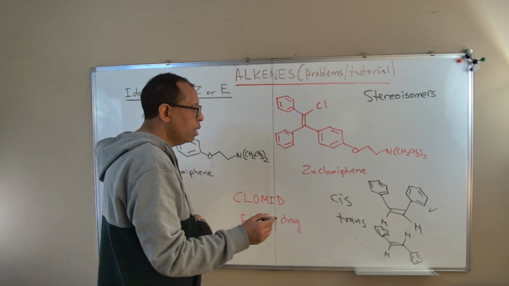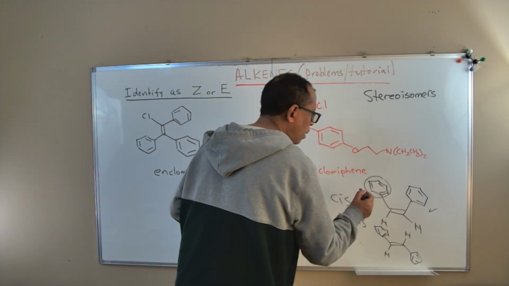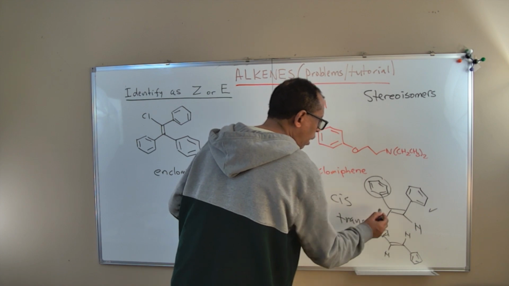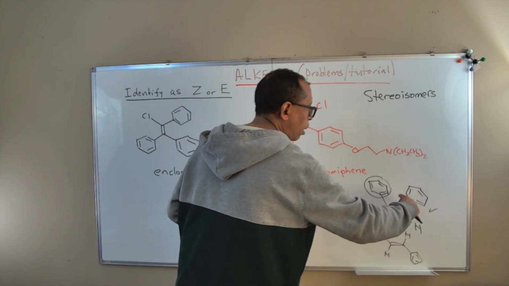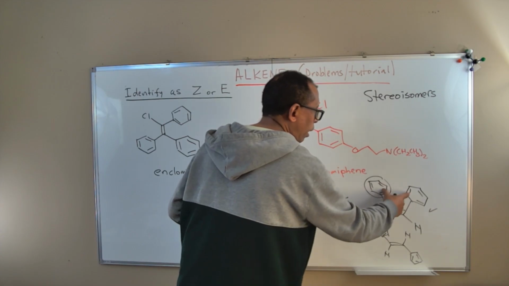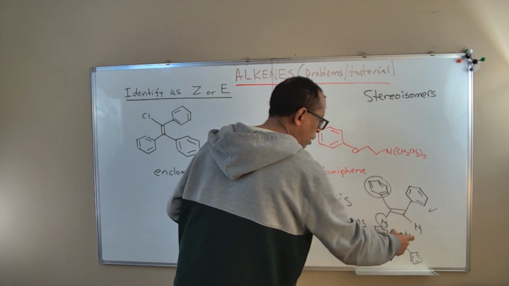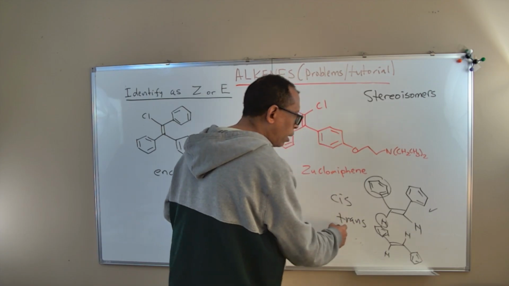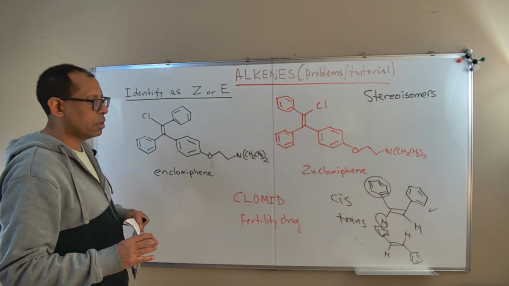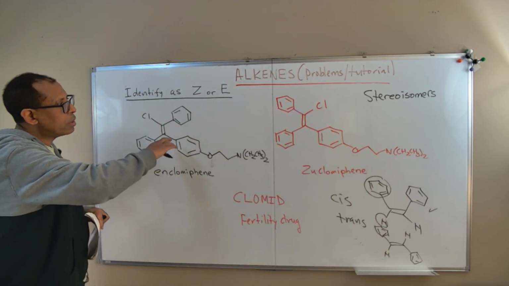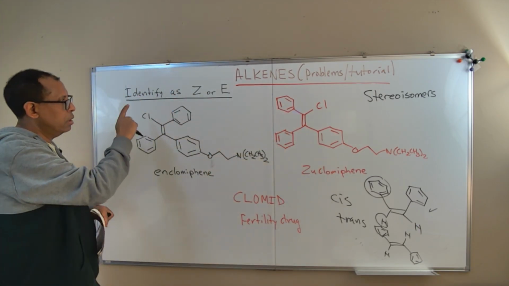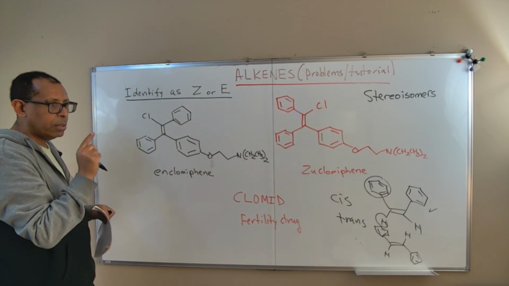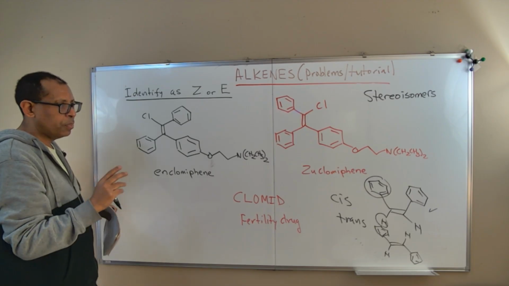For example, you have one type here and another is hydrogen. When you have two types and the two types are on the same side, or the phenyl in the opposite side, you can tell cis and trans. But when it comes to this molecule, and the question is to identify it as Z or E, it has a reason.